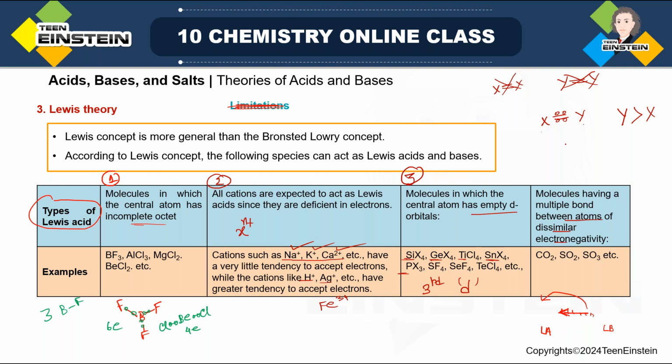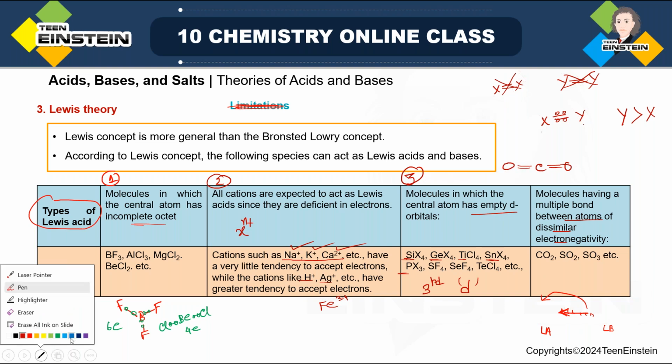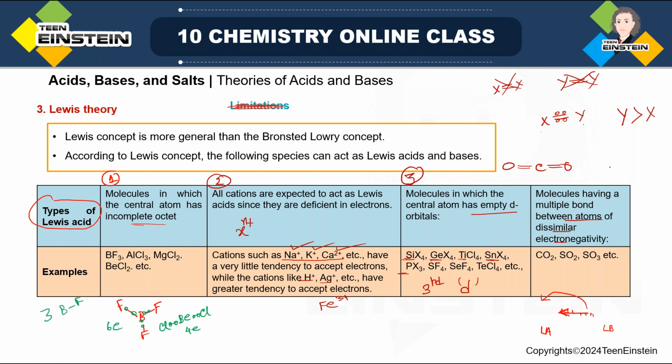Because what will happen in this case, if this is XY, just take CO2. CO2 molecule is like this. Now, in presence of CO2, how will it act as Lewis acid? Suppose there is a presence of any Lewis base. I'm simply writing LB, which is Lewis base. Now, Lewis base will have some lone pair, so this lone pair donating tendency is there. When it is donated to carbon, this bond will be broken and there will be negative charge over oxygen.